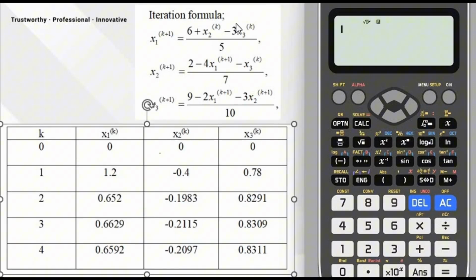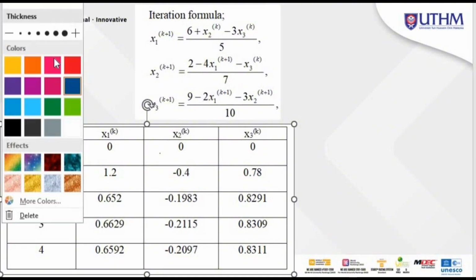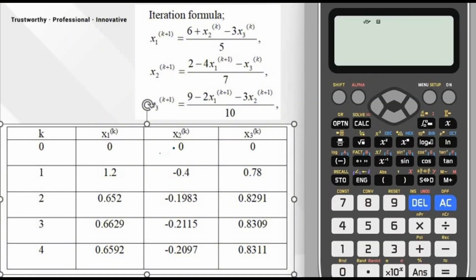Try to adjust this table. X1 is referred to this, x2 will be referred to this, x3 will be referred to this formula. To insert the iteration formula, for this one we will use fraction: 6 plus x2.